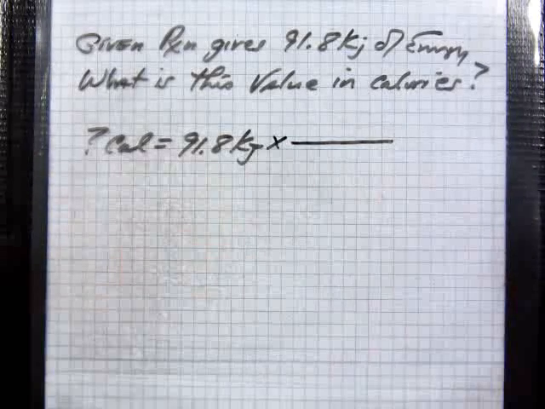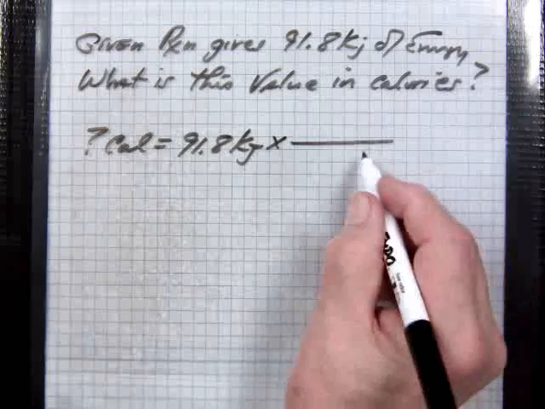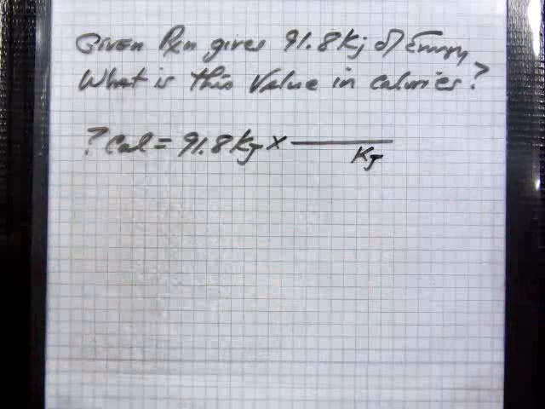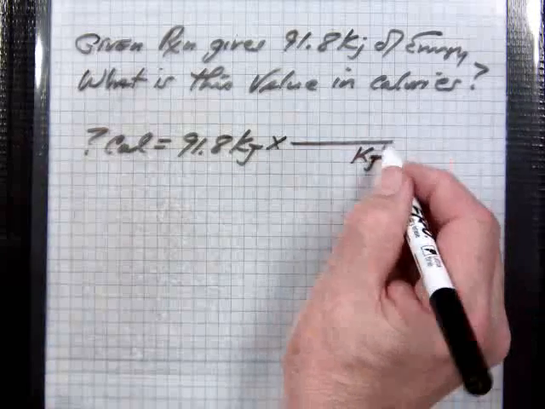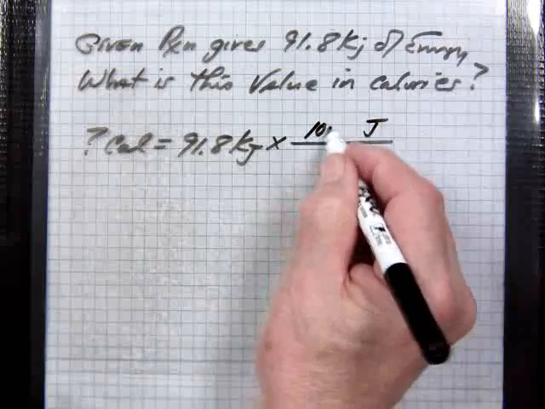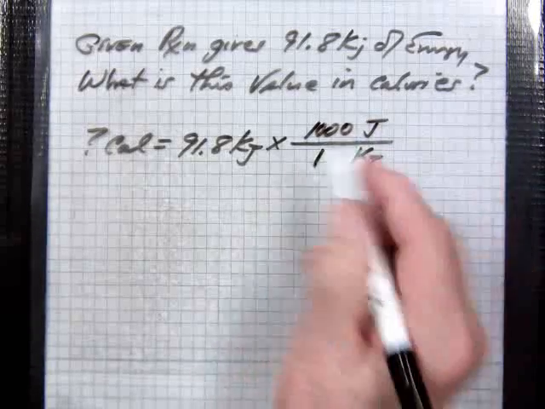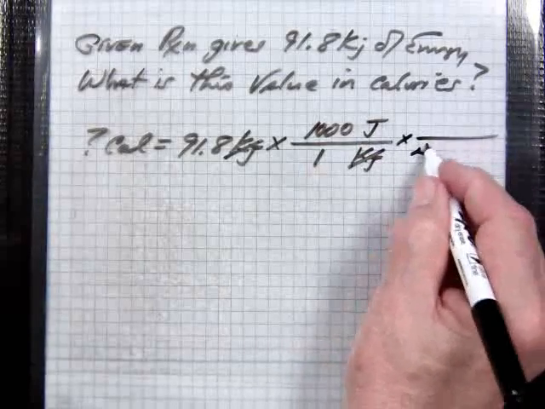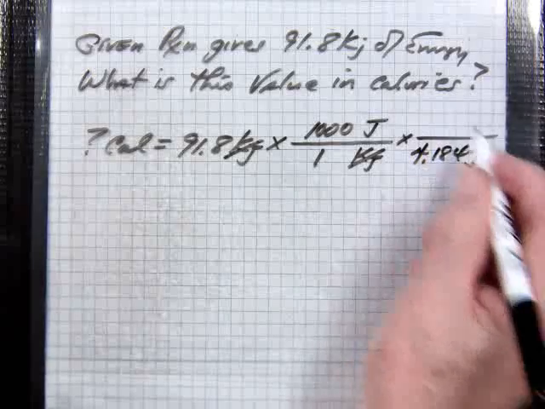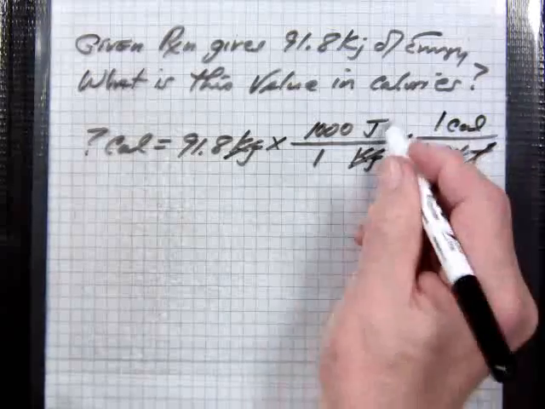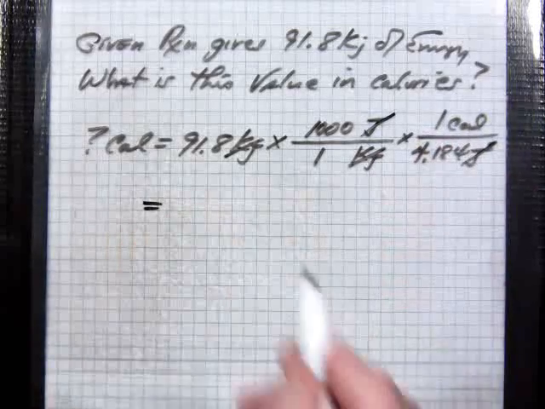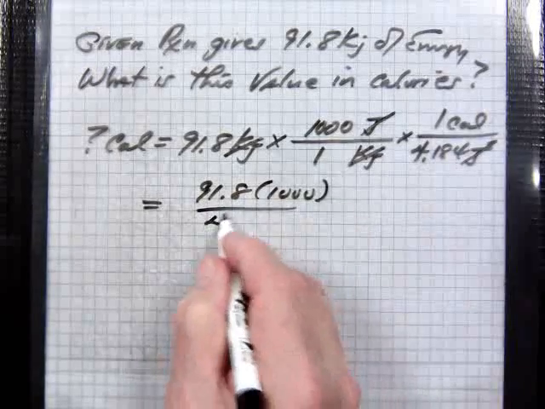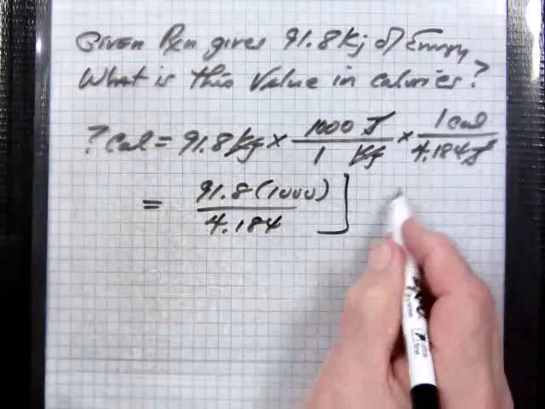Again, we want to go from kilojoule to calorie, but the relationship is joules to calories, not kilojoules to calories. So we want to go kilojoules to joules, and there's 1,000 joules per 1 kilojoule. So that will make that conversion. And then we can go to calories. We have 4.184 joules per 1 calorie, and so joules will then drop out. We now have 91.8 times 1,000 over 4.184, and that'll be calories.